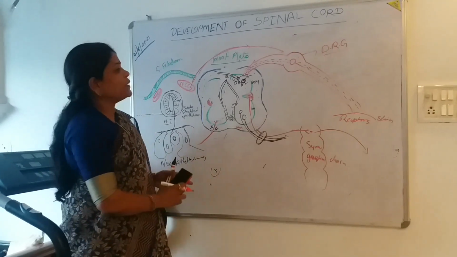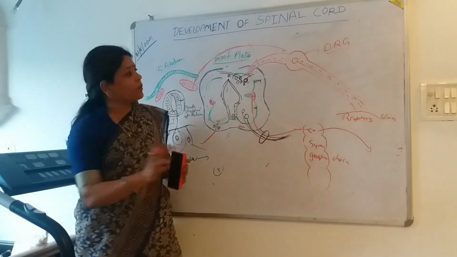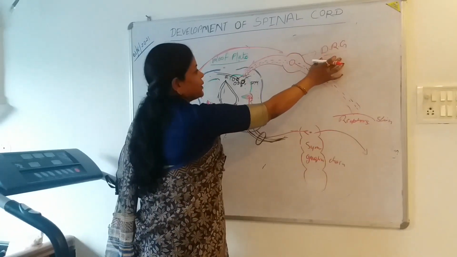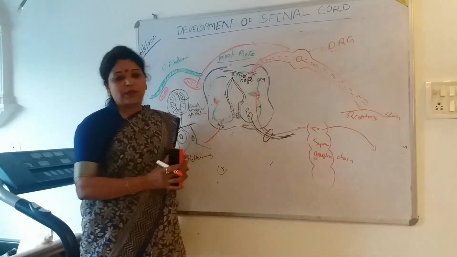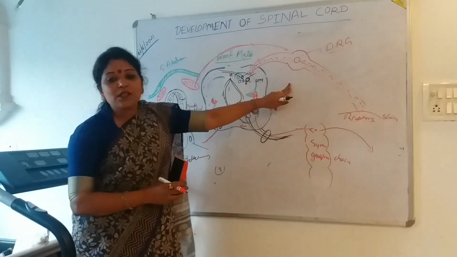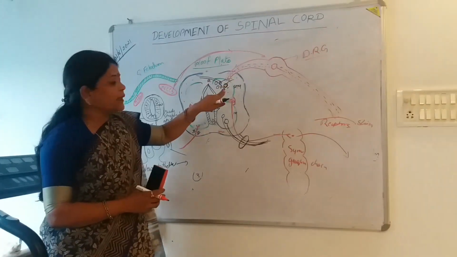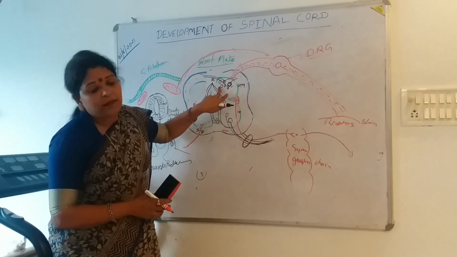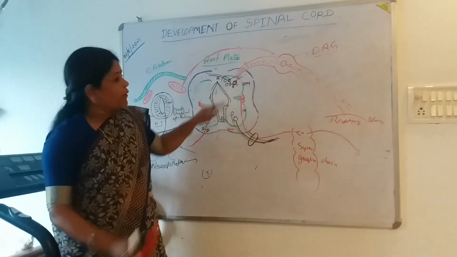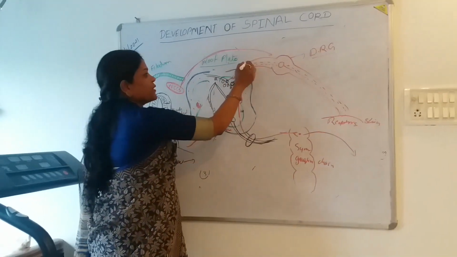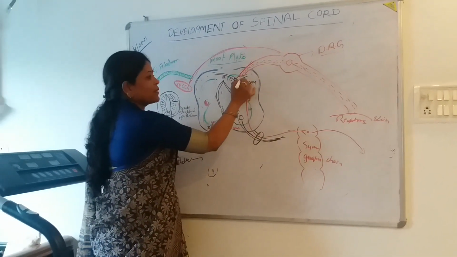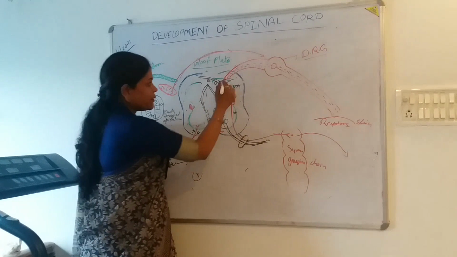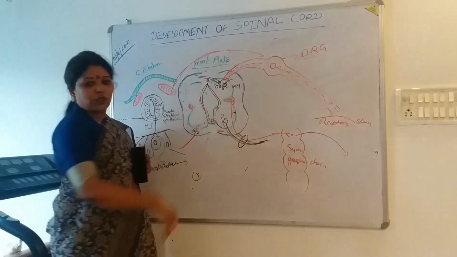Okay. So, this thing should be clear in your mind. The dorsal root ganglia cells are the first order neuron cells. And here in the alar lamina, the neurons which are present are the second order neuron. Here the sensation is given to which neuron?